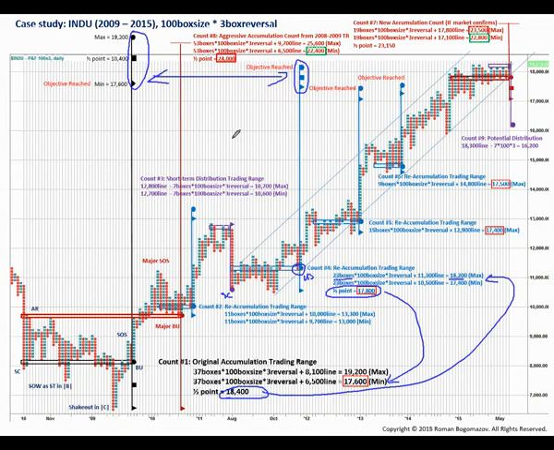I mean, we're talking about making a projection at the 8100 line for a potential to go to 19,200, which nobody's going to believe.